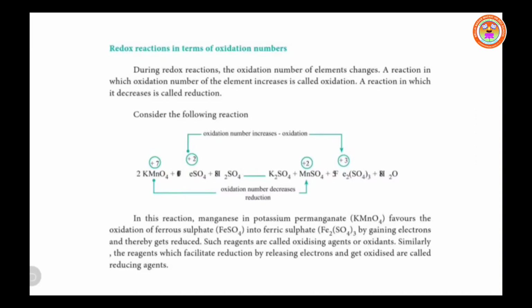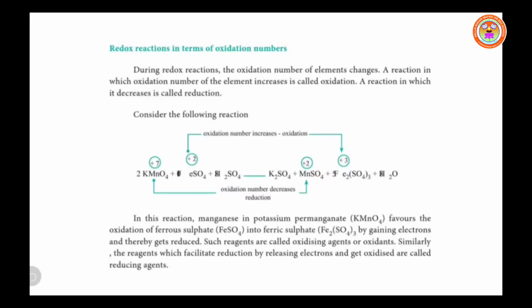In terms of the oxidation number method, during an oxidation reaction, the oxidation number increases. So here we should calculate the oxidation number of iron in ferrous sulfate and in ferric sulfate. If we calculate the oxidation number of iron in FeSO4, it will be +2.